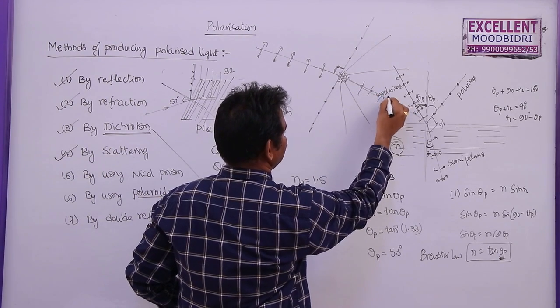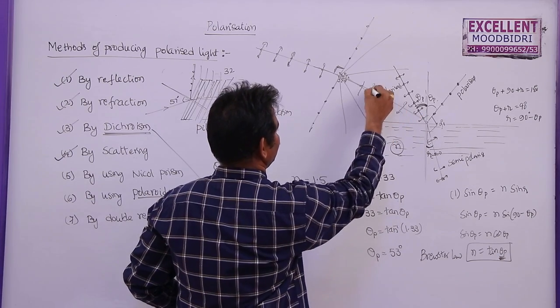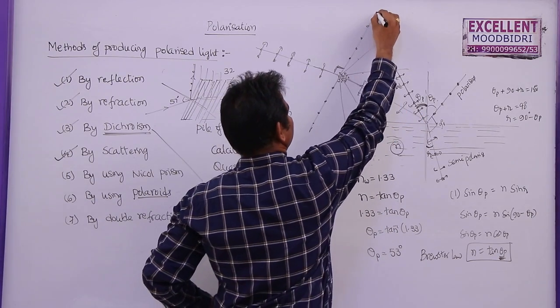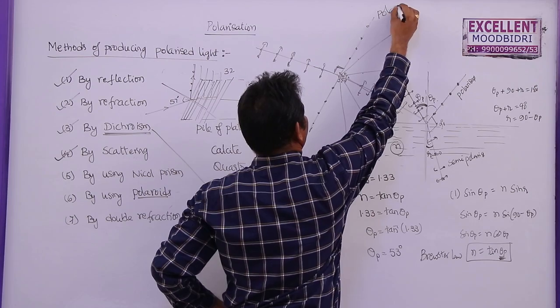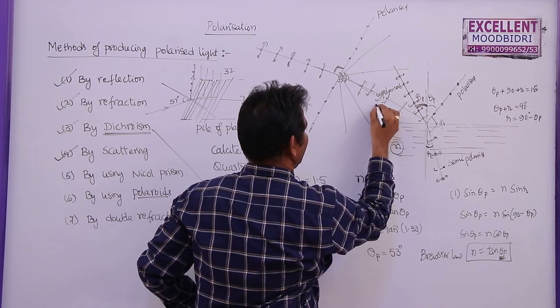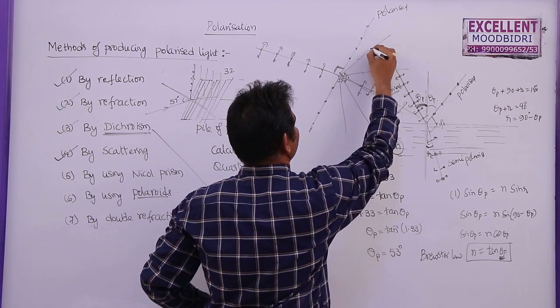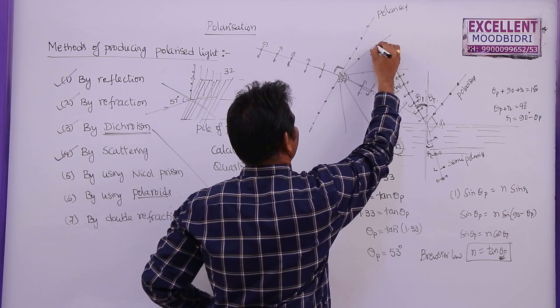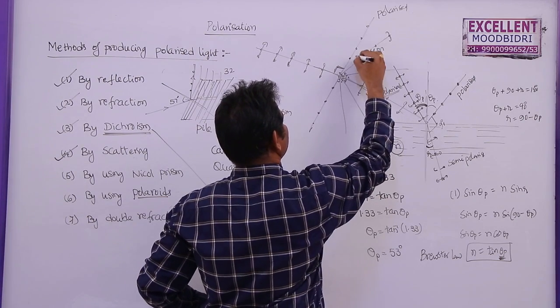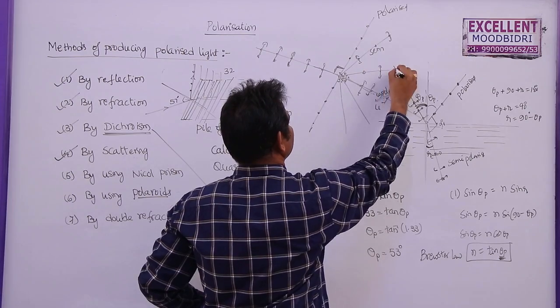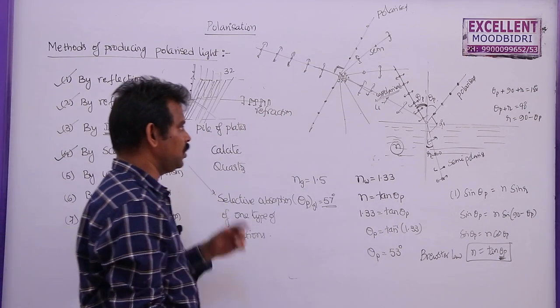This is an unpolarized light, and these are semi-polarized, that means they consist of both arrow and dot components.